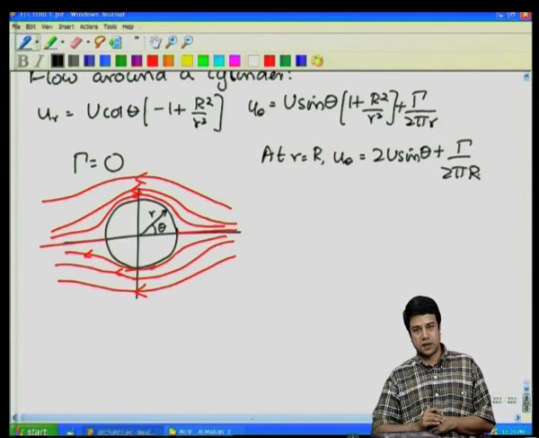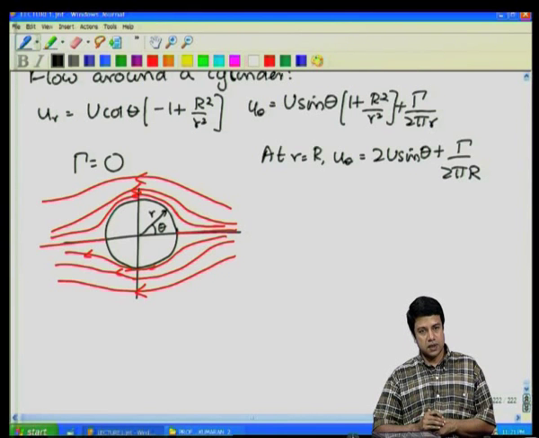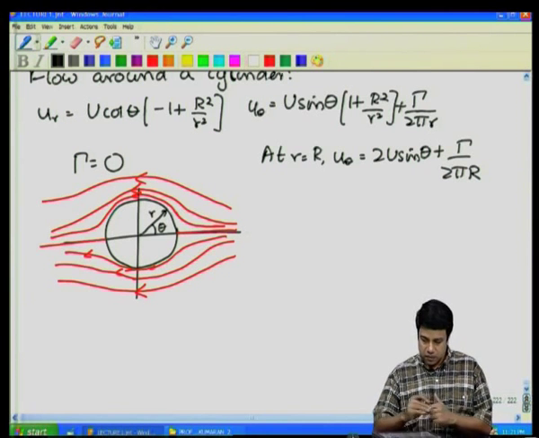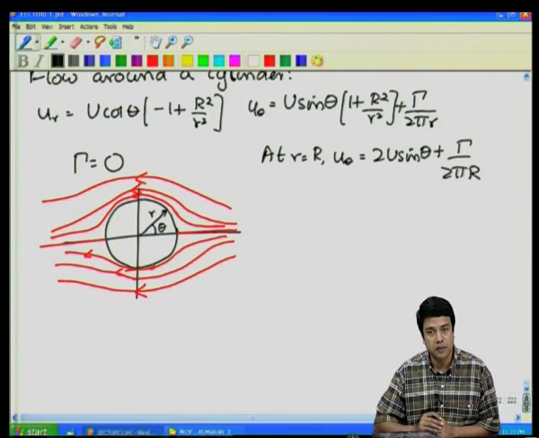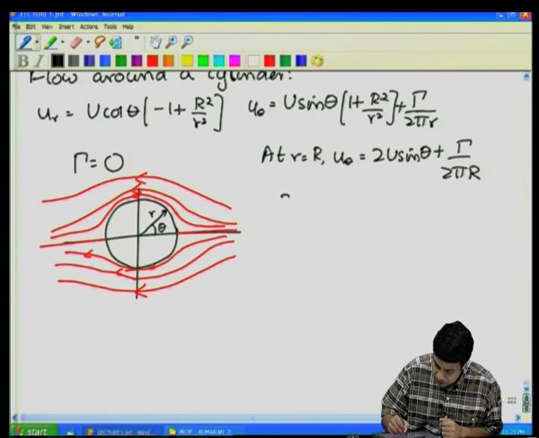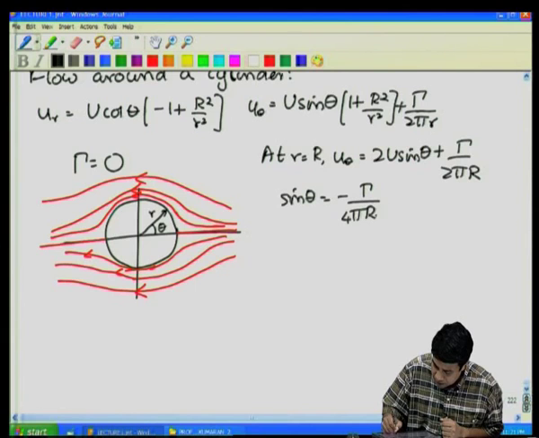Clearly, if gamma is not equal to 0, u theta will be 0 only when 2 u sin theta plus gamma by 2 pi r is equal to 0, or alternatively, when sin theta is equal to minus gamma by 4 pi r u.